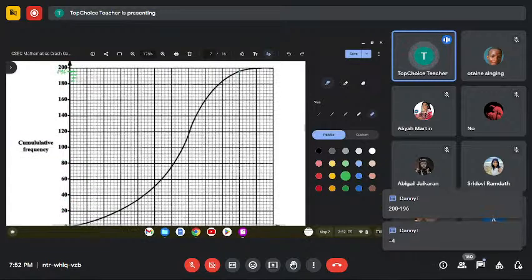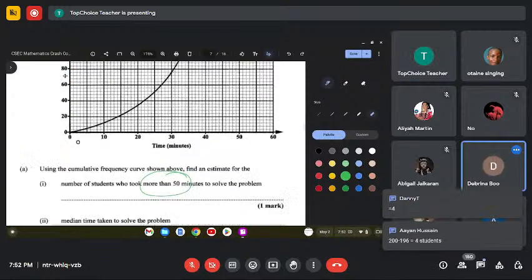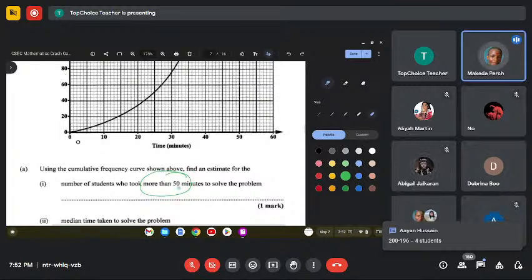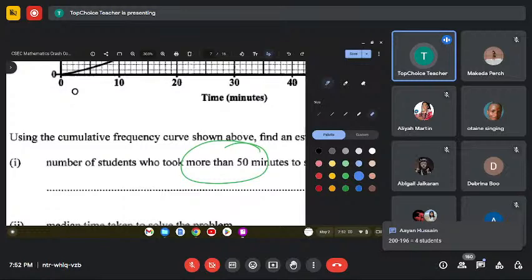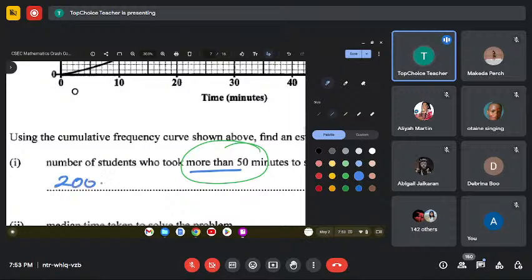So if 196 students finished the exam, how many students did not finish the exam? You would take away the 196 from the 200. Yes, that is exactly what we're going to be doing. That is the trick here. They want to know how many students took more than the 50 minutes. So we take the total number and take away the number who finished at the 50 minute mark, which is 196. And the answer is 4 students.